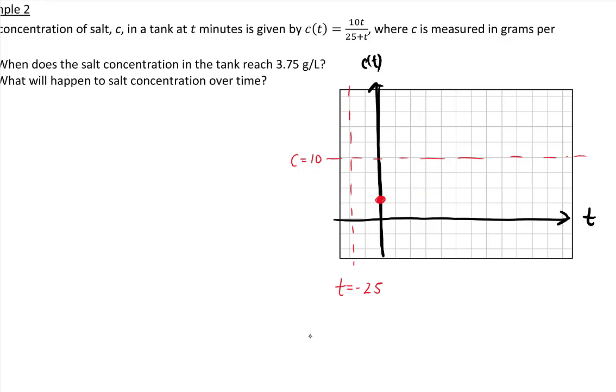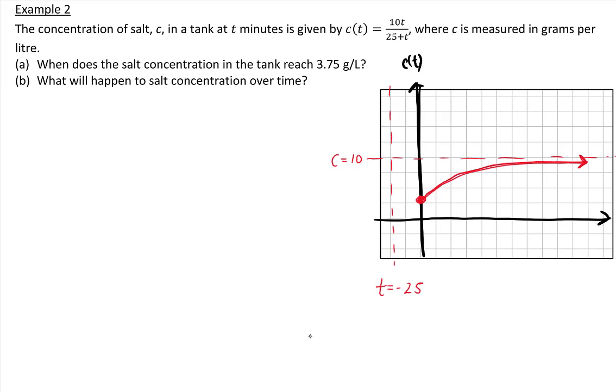So really, since we're looking at concentration over time, all we're looking for is this part of the function. I don't need to worry about what's going on the left side of 0. Again, if you want to verify that this function is approaching 10 from below, sub in a very large number for time. You'll see you'll get a number just below 10 as you sub in larger and larger values for time.